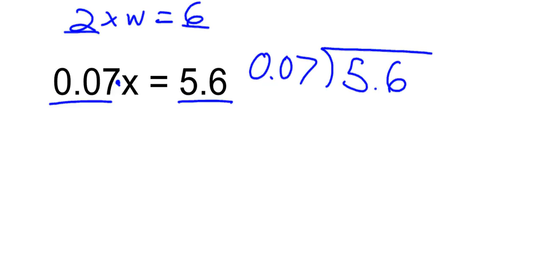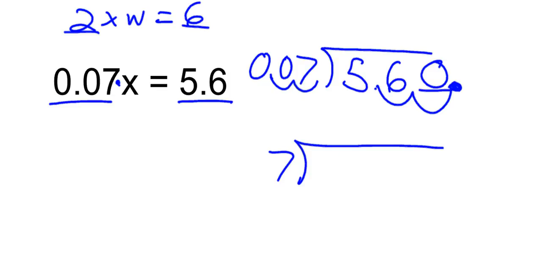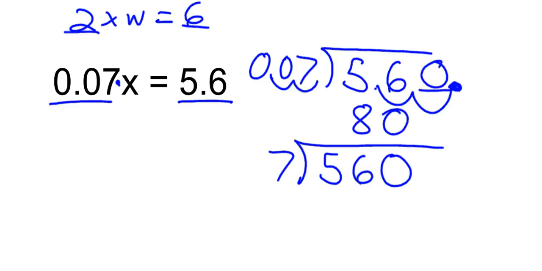As I put it outside the box, I realize that I have 2 decimal places I need to move. So 1, 2, 1, 2. Uh-oh, there's nothing there. Okay, put a 0 there. Put our new decimal there. I can rewrite the problem if those loops become too much of a mess, and I come away with this problem. Suddenly I know that my answer is 80 because 7 goes into 56 8 times, and the 0 goes straight up.